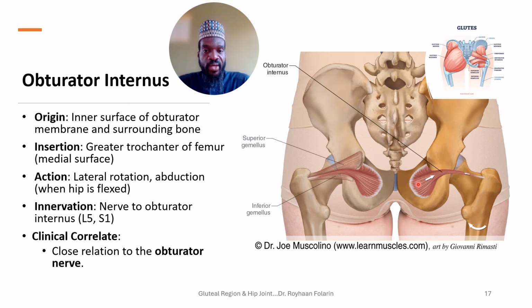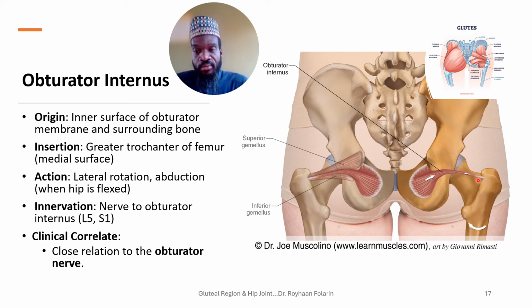It also arises from the surrounding bone, the bone that surrounds that inner obturator membrane, and it goes to insert on the medial surface of the greater trochanter of the femur, as you can see here.